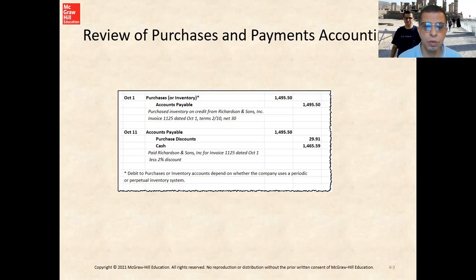So in the first step, you debit purchases or inventories account, depending on whether the company uses a periodic or perpetual inventory system. So you debit the purchase, you credit accounts payable, and once you make the payment, you have a discount. So you debit accounts payable and you credit the purchase discount and the cash payment, which could be the account.